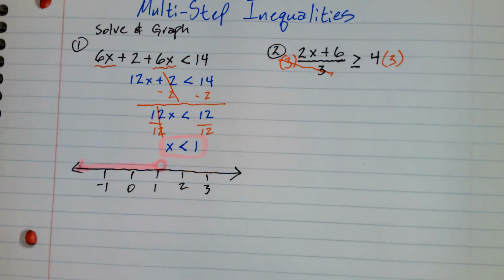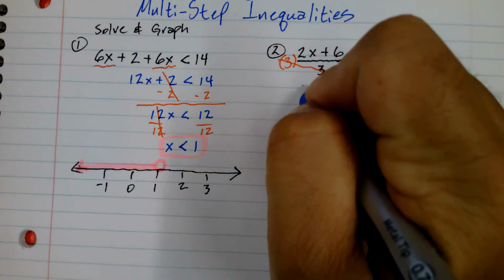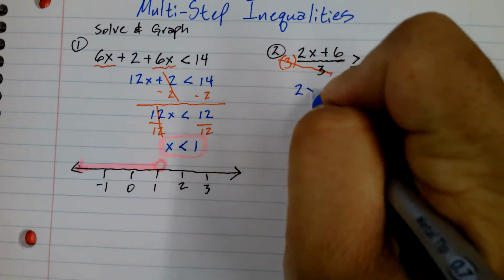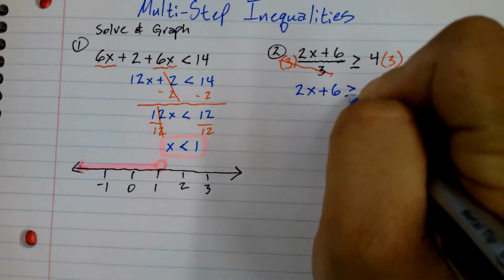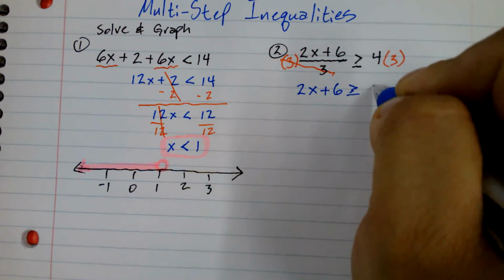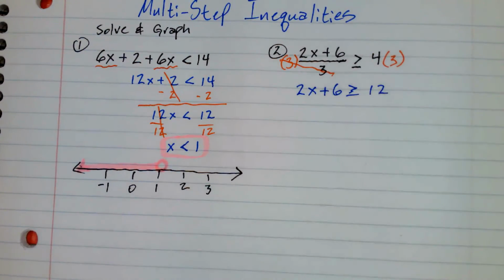No more denominator. We got 2x plus 6. But since we multiplied by 3 on both sides, this is now 12. Okay? And now we can subtract away the 6.